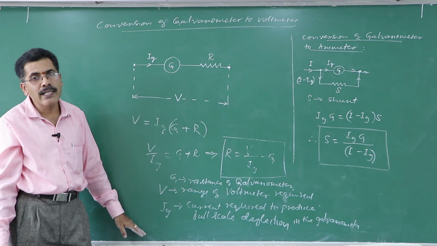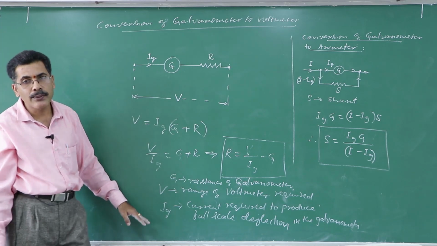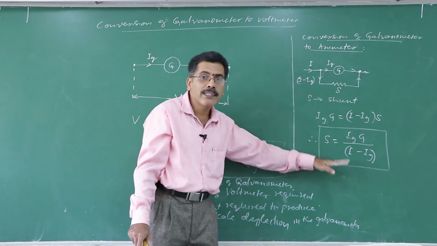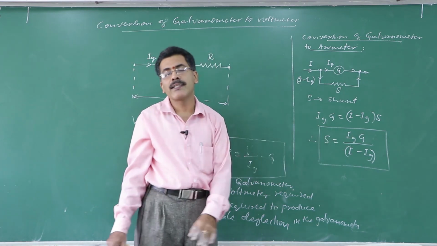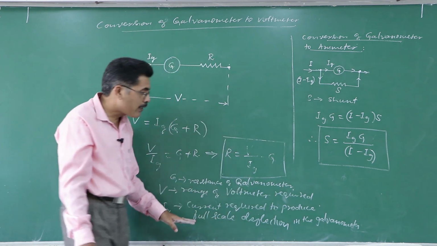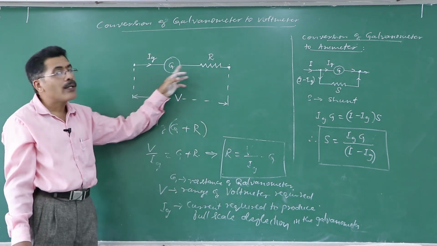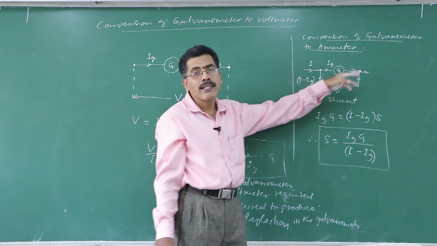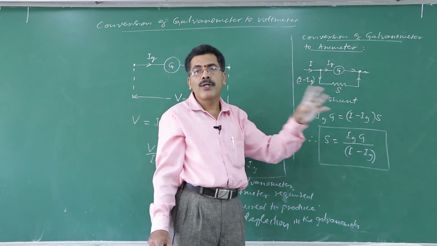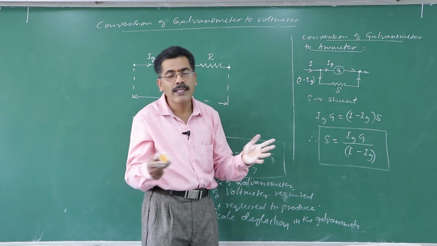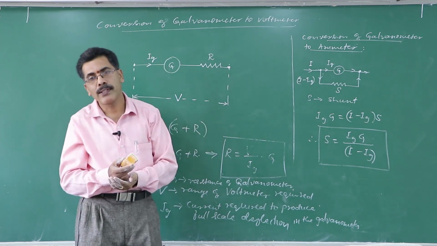A voltmeter is always connected across any 2 points in the circuit in parallel. An ammeter is always connected in series in a given circuit. A voltmeter is nothing but a galvanometer with a very high resistance in series. An ammeter is nothing but a galvanometer with a very low resistance in parallel. This is the comparison between ammeter and voltmeter.